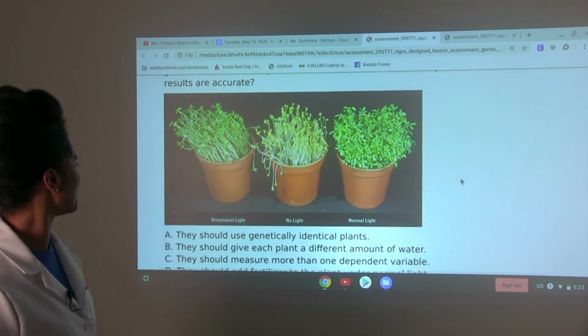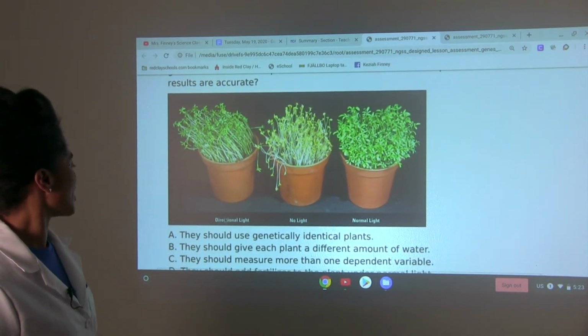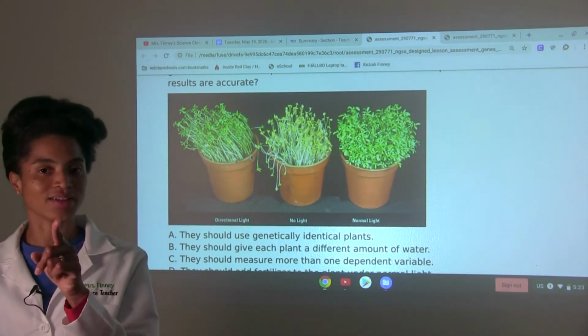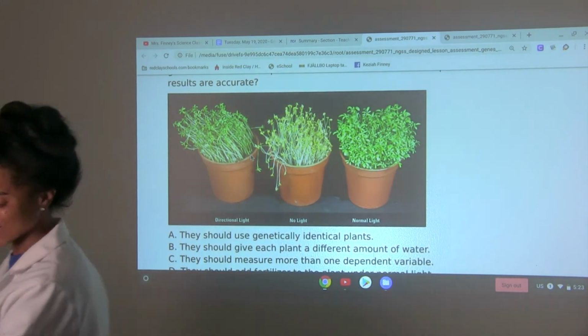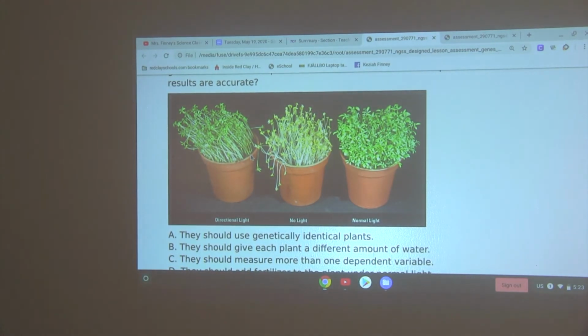Check this out. So you have directional light right here. I actually have a plant that looks similar. Let me show you. You can't see me on camera, but you can hear me. See, check this out.